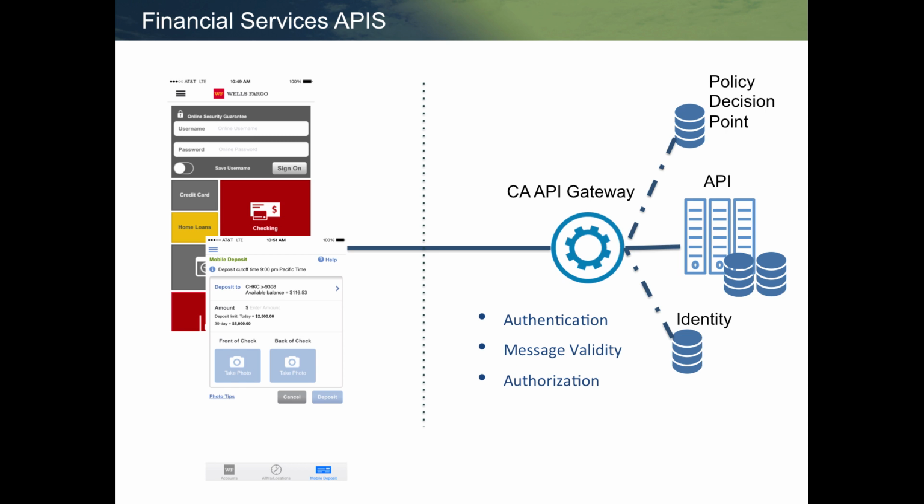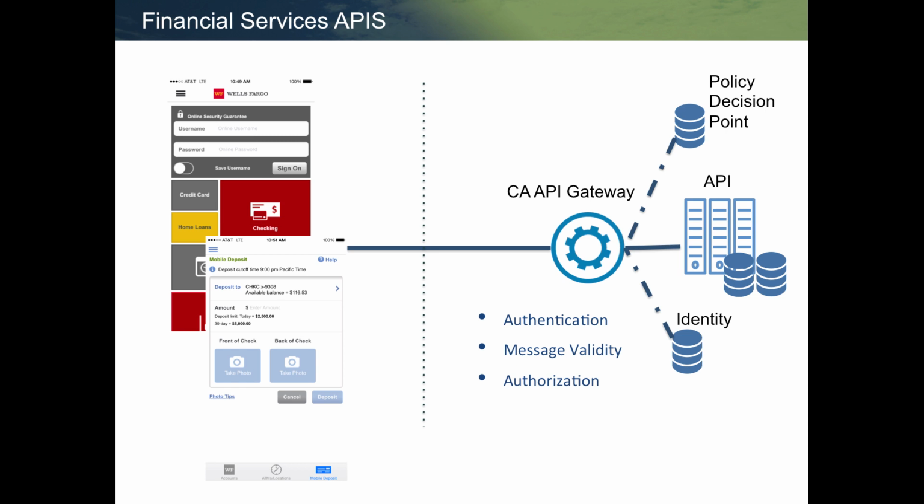And so an API gateway allows you to expose your APIs securely, authenticate, validate, and then integrate in with some of these other technologies that exist out there in terms of authorizing attribute-based access control on your APIs and the identity access management systems to authenticate those users as well.